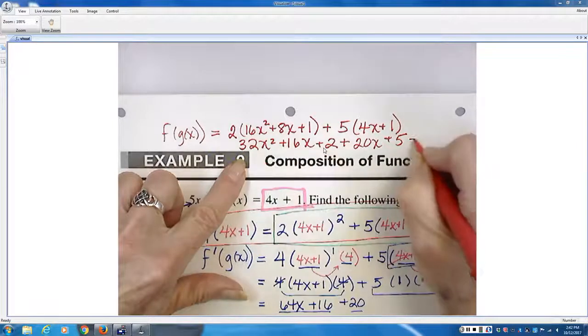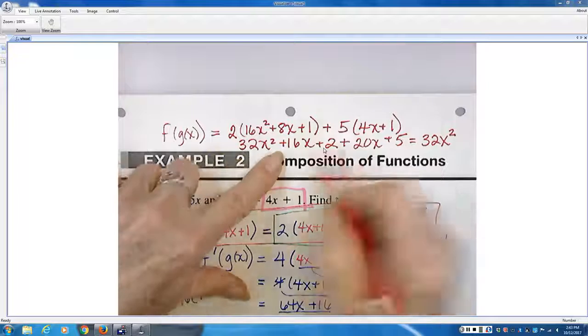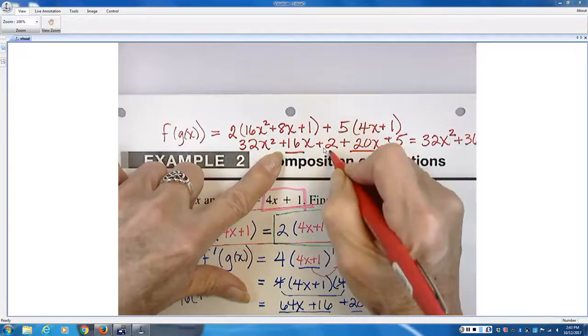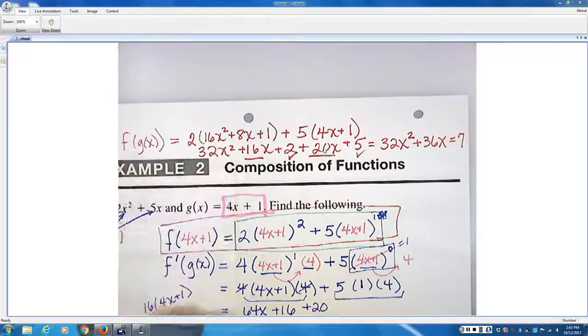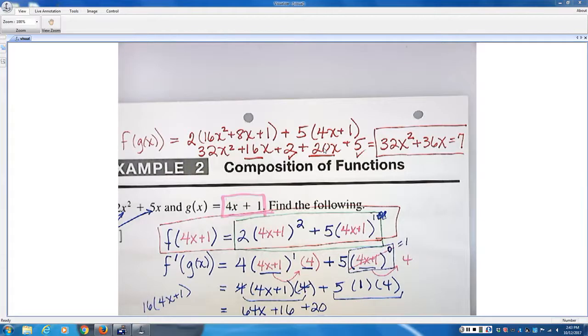32x squared, 16x plus 20x is 36x, right? And 2 plus 5 is 7. Find me the derivative of that using your power rule.